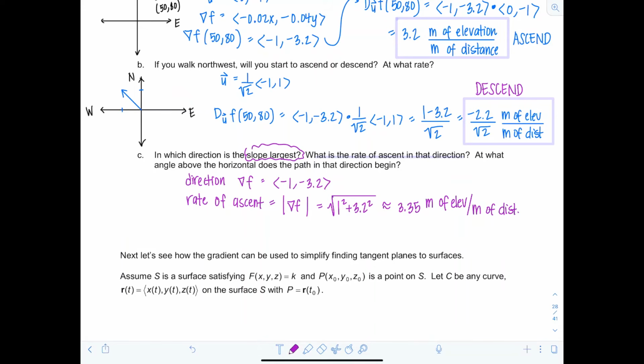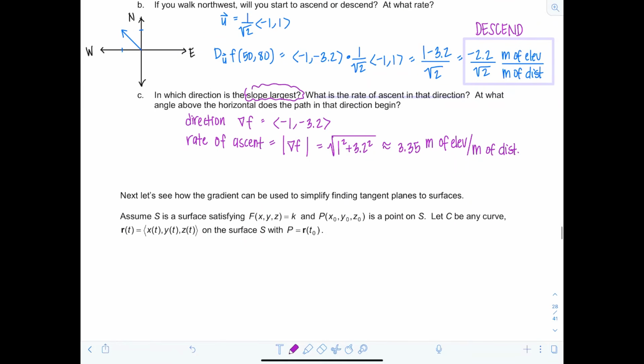Okay, at what angle above the horizontal does the path in that direction begin? Okay, so what I want to know is, what is the angle theta where this rate of ascent, this is z, is equal to 3.35, right? That's giving me the change in z. So that's 3.35 meters, and then that's per 1 meter of distance.